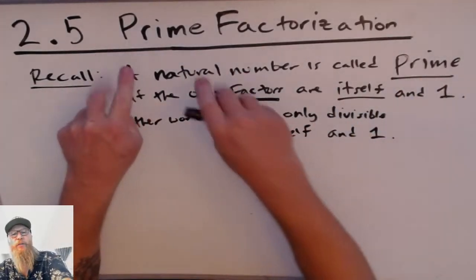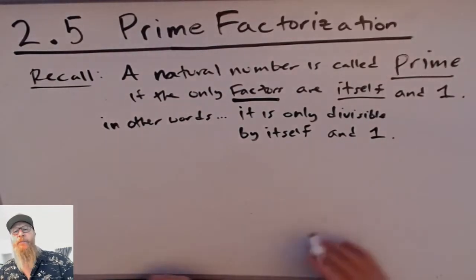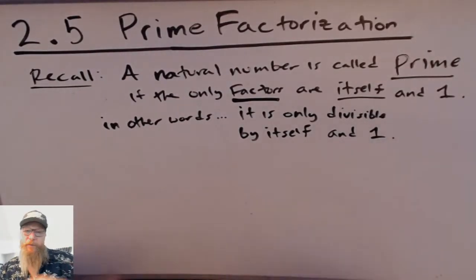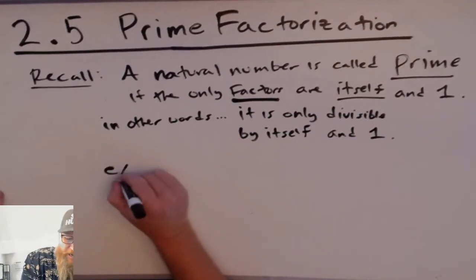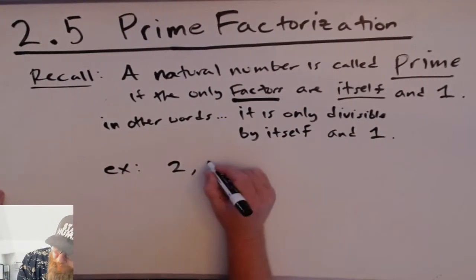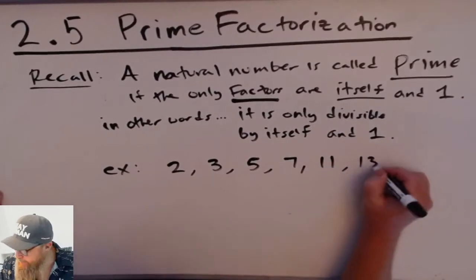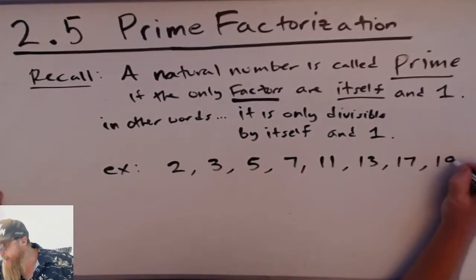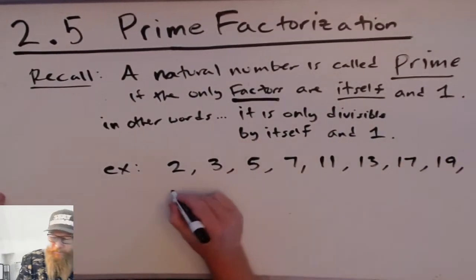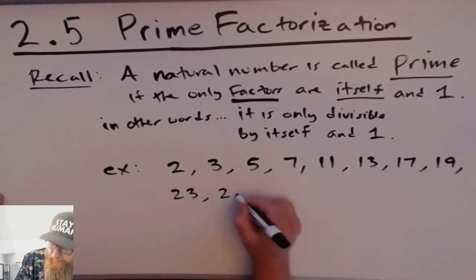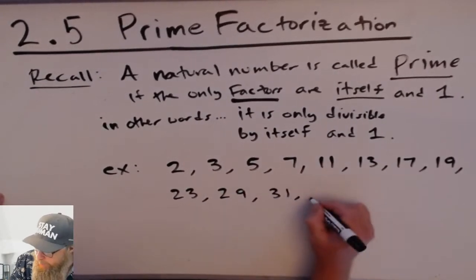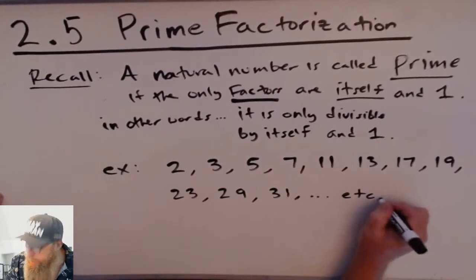Prime factorization is what we're going to be talking about today. Prime numbers are the numbers that are only divisible by themselves and 1. For example, 2, 3, 5, 7, 11, 13, 17, 19, 23, 29, 31, and I'm getting tired, so I'm just going to stop.